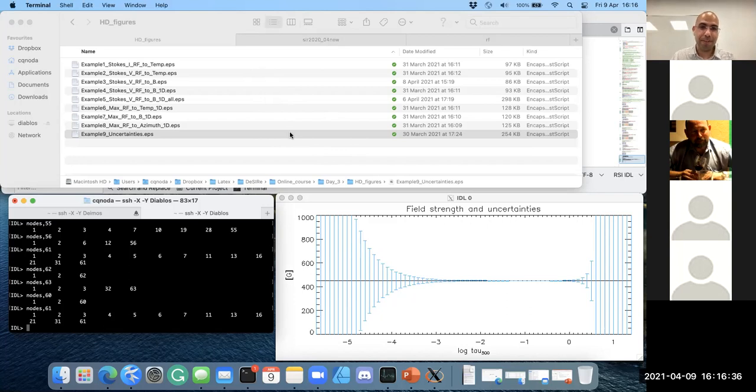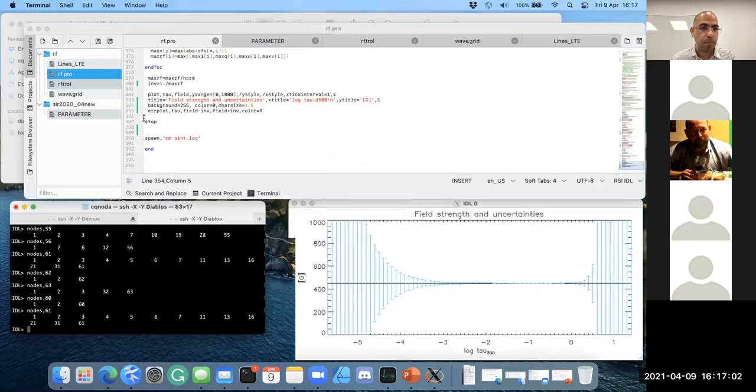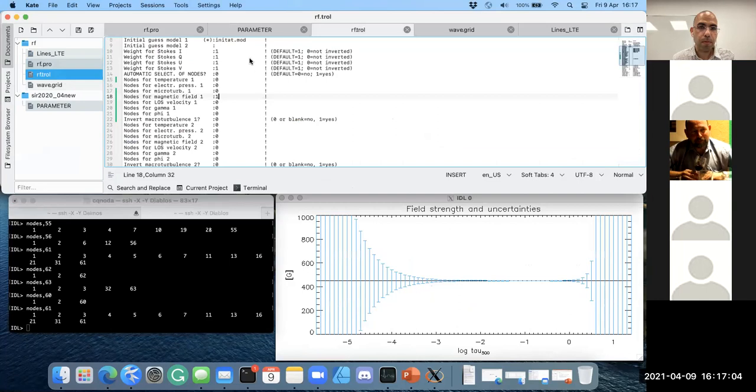I want to add that you can always evaluate also the response function at the nodes, because you have explained how to evaluate the response function at each layer, but the code is working at nodes. Then you can put, instead of 1 in the value of response function, another number. And if in the first line you put minus, I think it's minus 10, then the code is writing the response function at the nodes.